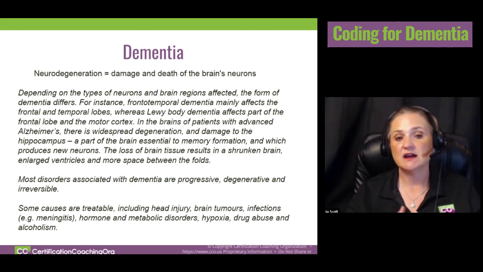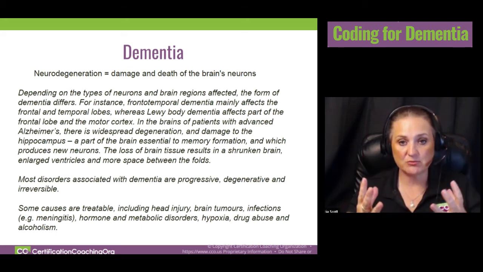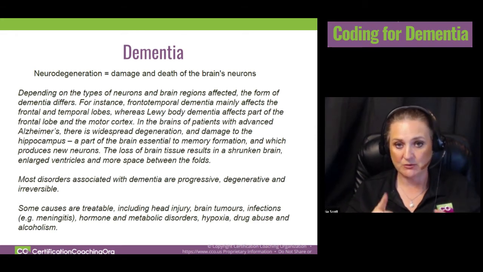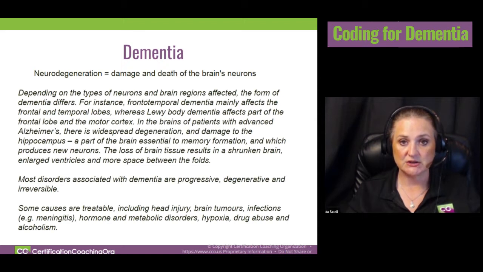And then you have people that suffer from Alzheimer's, and that means that the entire scope of the brain is deteriorating. And again, we've got some pictures of that so that you can better understand what that looks like.